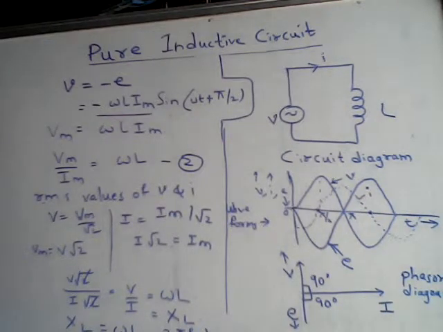This is all about the inductive reactance. Now coming to the current, I is given by the ratio of voltage to the inductive reactance of the circuit. So this will be equal to V divided by omega L. XL is nothing but omega L, and that is equal to V divided by 2 pi f L.